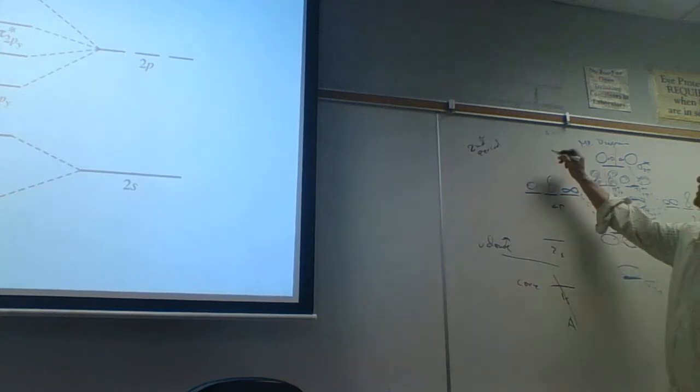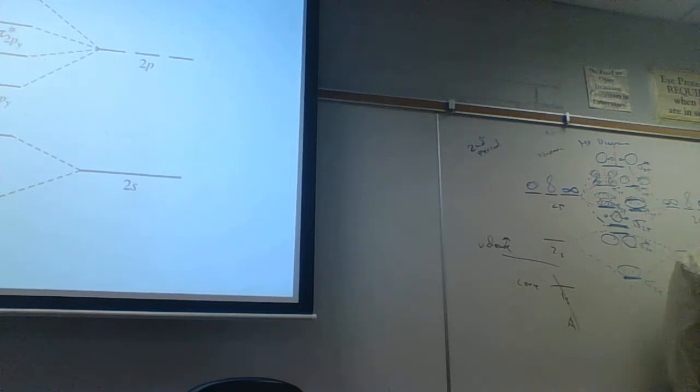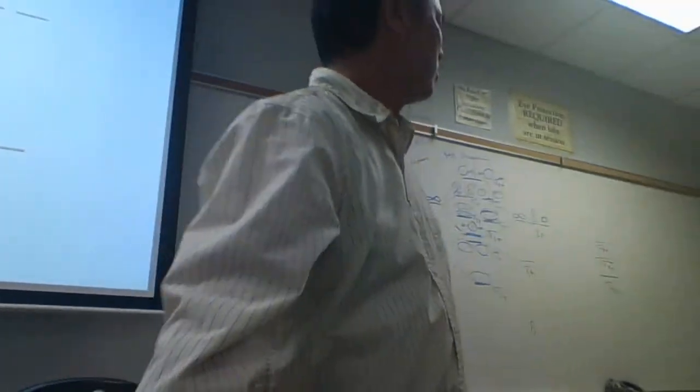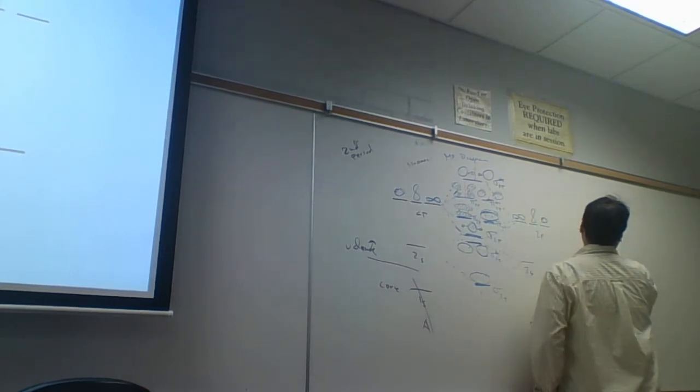So this is normal. In the normal diagram, it's going to go like this. Sigma 2s, sigma star 2s, sigma 2p. Sigmas are lower in energy because they've got more electron density directly in the internuclear axis region. Followed by your pi 2p. These are the same energy.